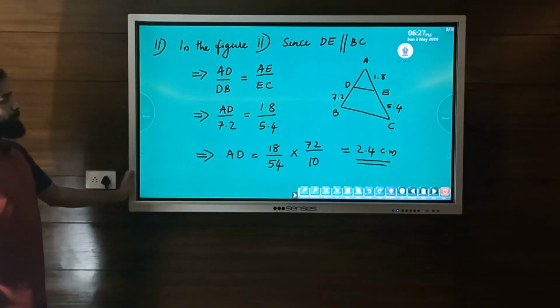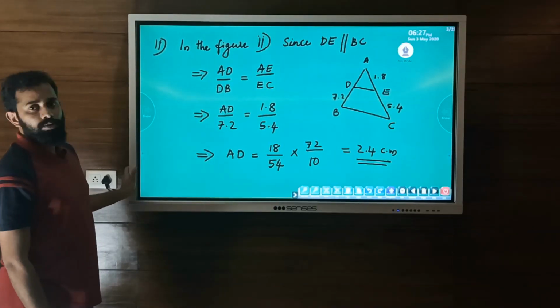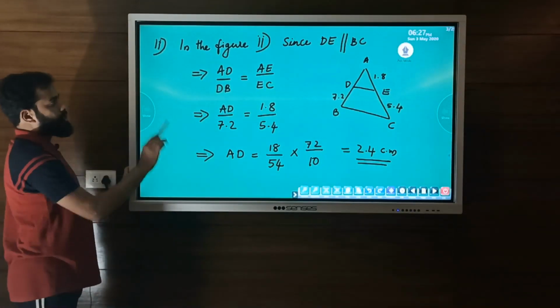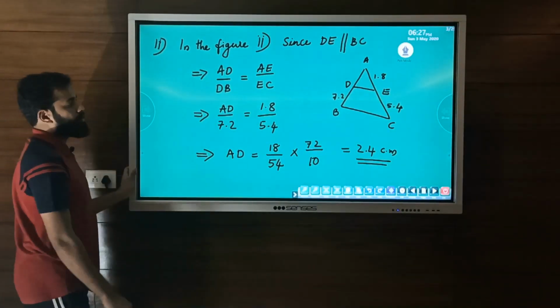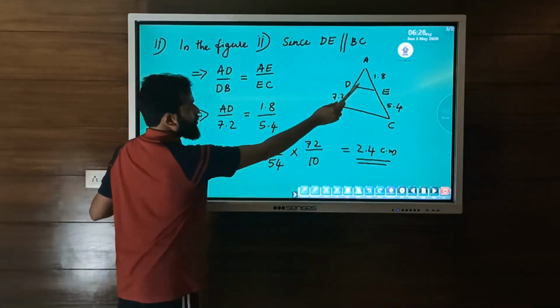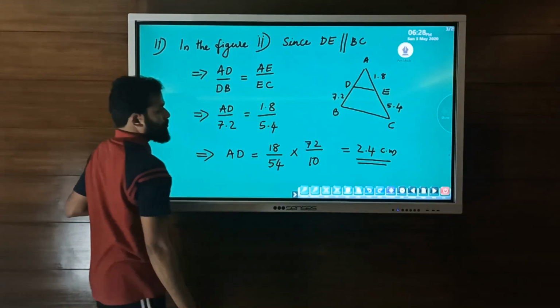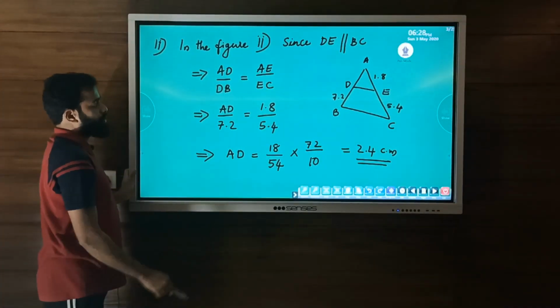Now the second figure, the same condition we are applying since DE is parallel to BC. So the same theorem we have applied, AD by DB equals AE by EC. We can see from the diagram, AD divided by DB is equal to AE divided by EC by the basic proportionality theorem. Next step, we substitute the values.